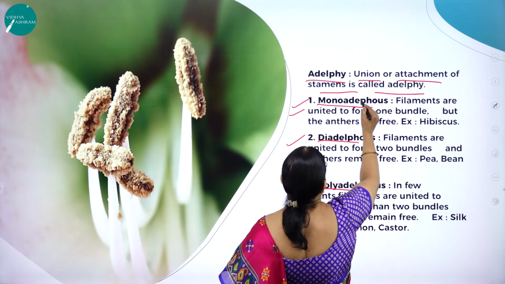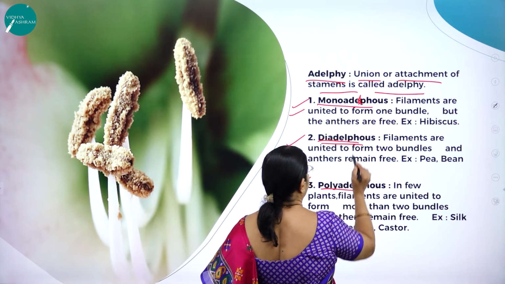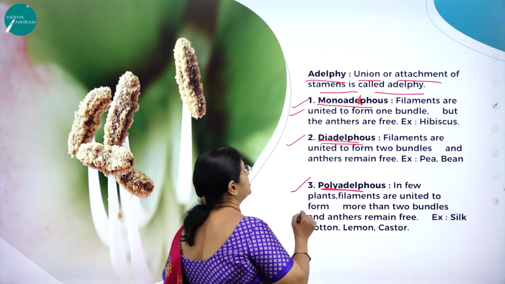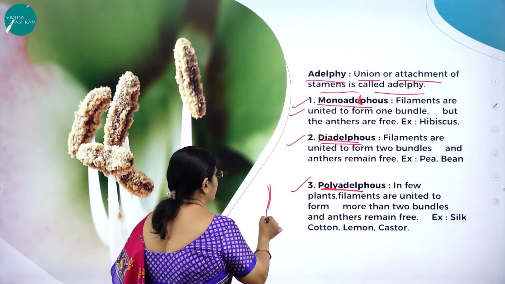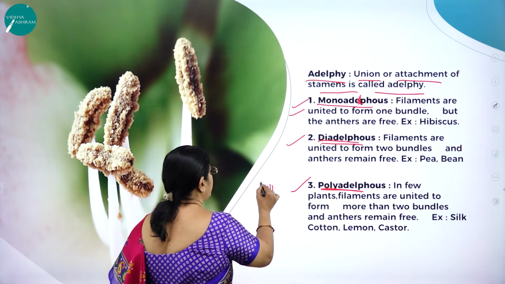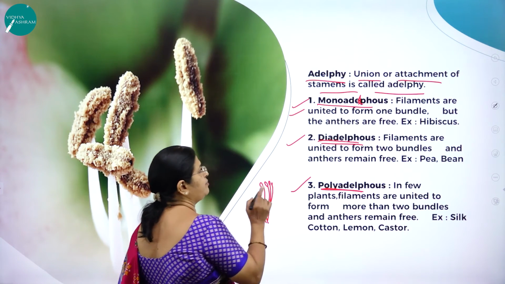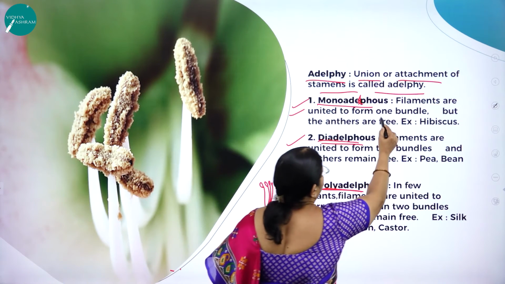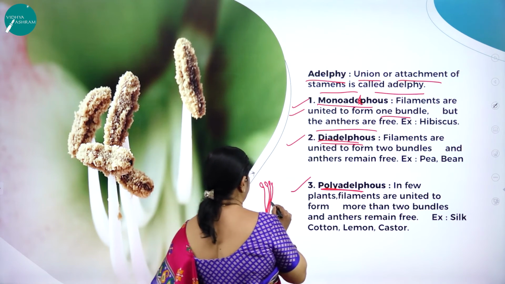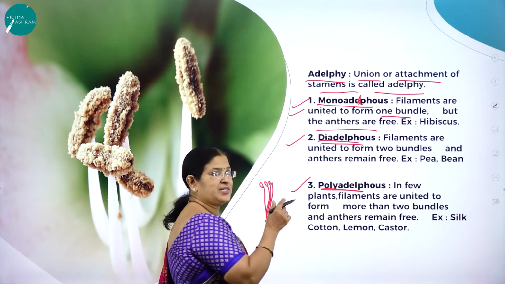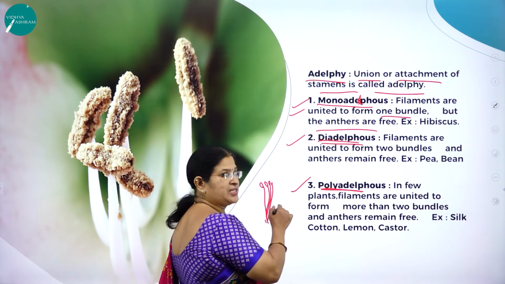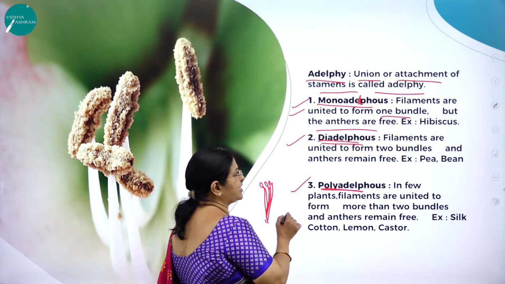Monoadelphous means what? All the stamens are clubbed into a single bundle, forming one bundle. But the anthers are free. Here you can see the anthers are not fused. Here only the filaments are fused, but the anthers are free.